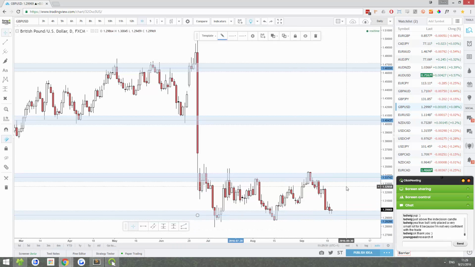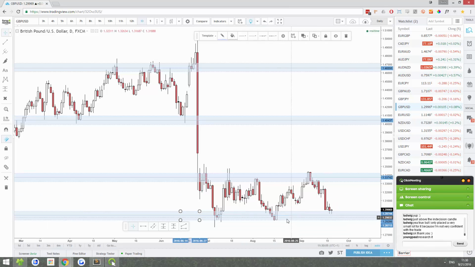I don't mind adjusting my support resistance areas if it makes logical sense to do so. Right now, what we're seeing on the daily chart is indecision forming on GBP USD. It's forming a little higher than my support area was. So I pulled my support area up a little bit. Does pulling it up really change the support area much? No, not really. It still falls within these bounces very well.